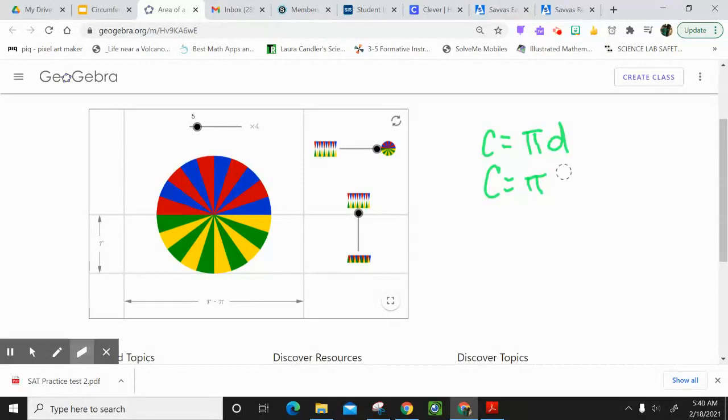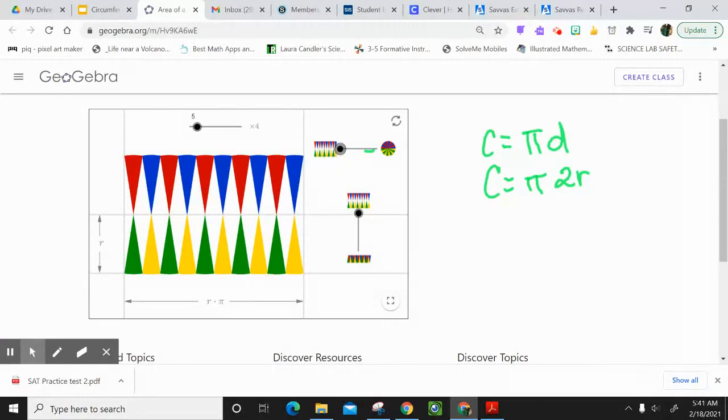So the circumference would be pi 2r, okay? And what this is going to do is stretch the circle out like we did for the circumference.